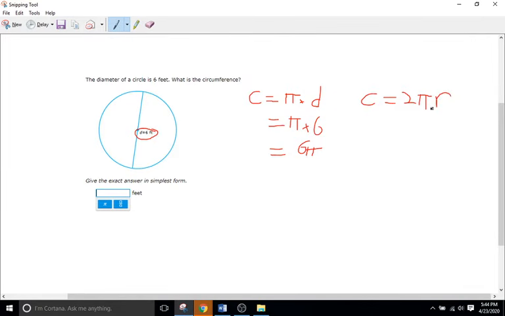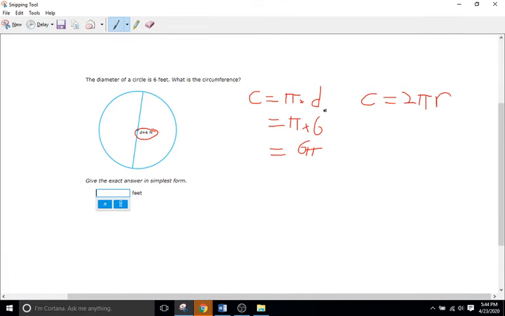The reason why they're the exact same formula is our first formula is just pi times d. We just have d kind of by itself over here. Well, remember, the diameter is the length of that entire part of the circle. The radius is just half that. So we have two radii equaling the diameter.